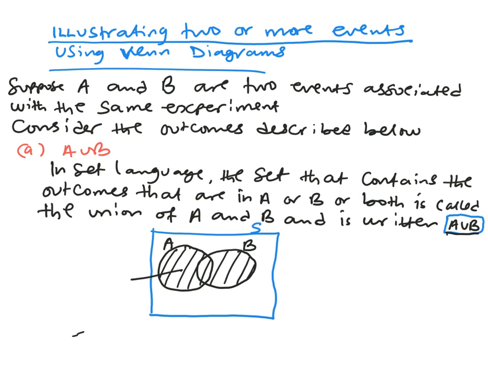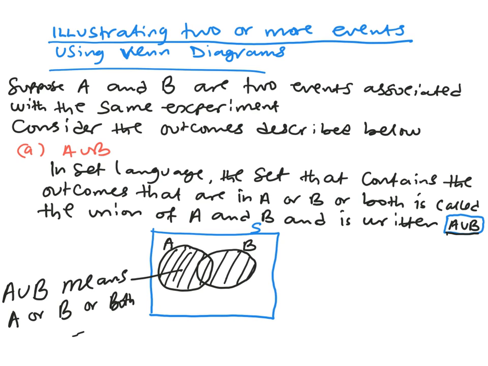Here we are considering two events A and B living in a sample space S. The union is this shaded part here, A union B. It means A or B or both. That's the meaning of A union B.